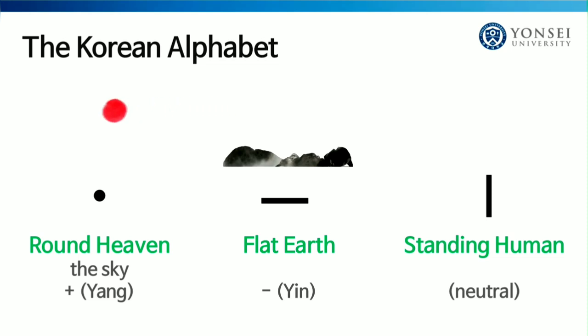The dot symbolizes the sun in the heavens or the universe, the horizontal line, which sounds U, the flat earth or ground, and the vertical line, which sounds E, an upright posture of man. 8 vowels were created by attaching a dot to the 4 sides of U and E.